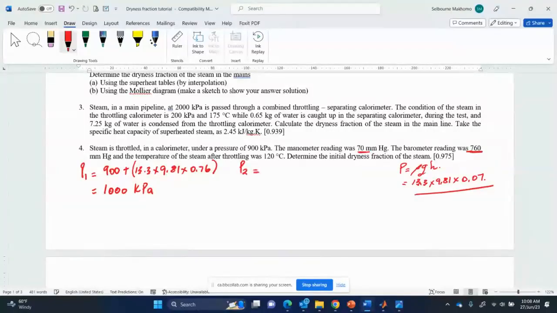P2, we are going to say that 13.3 by 9.81 bracket 0.76 plus 0.07. You can separate them if you want to: this is atmospheric, this is the gauge pressure, this is the rho, this is the g, and then you get your answer. So it is 0.76 plus 0.07 by 9.81 by 13.3.